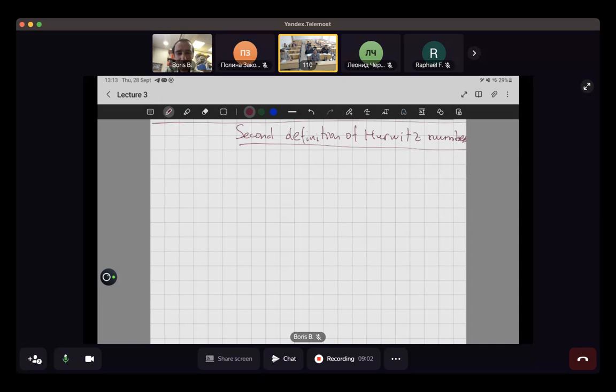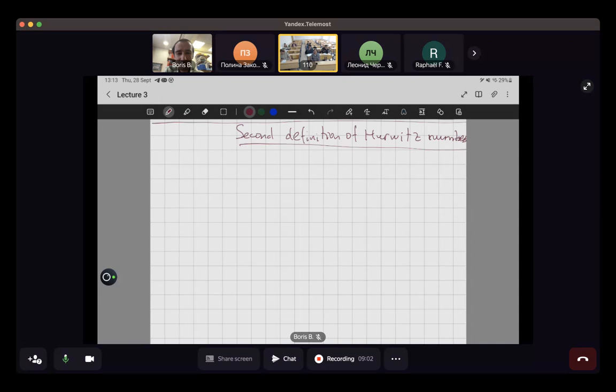So if D is the degree, the number of sheets of the covering, then a non-critical point star has D preimages.